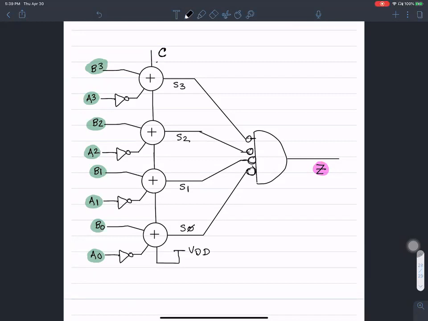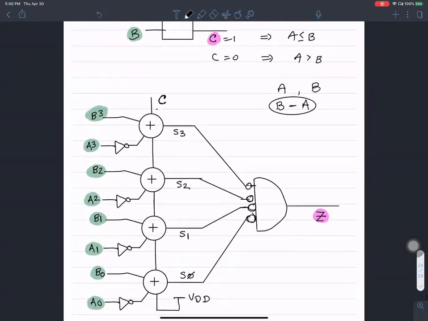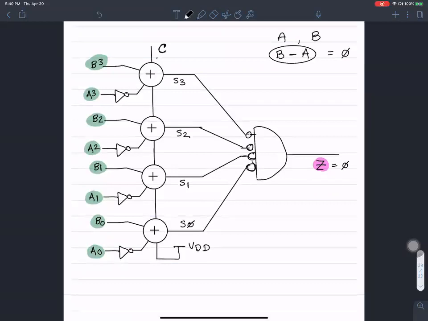Well, in order to compare the terms A and B, I can implement a B minus A function. When I implement a B minus A function, if the result is 0, then this Z term is going to go to 0. Because see what I'm doing? I'm inverting the A term and adding a 1.